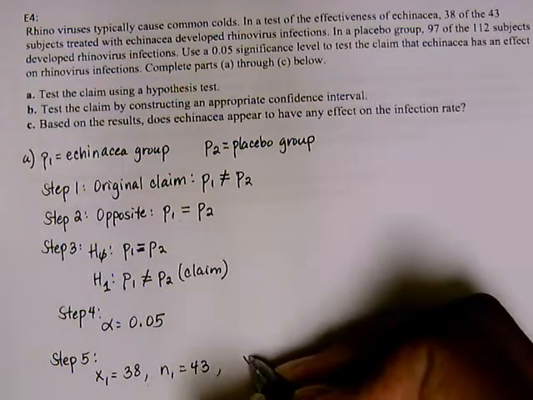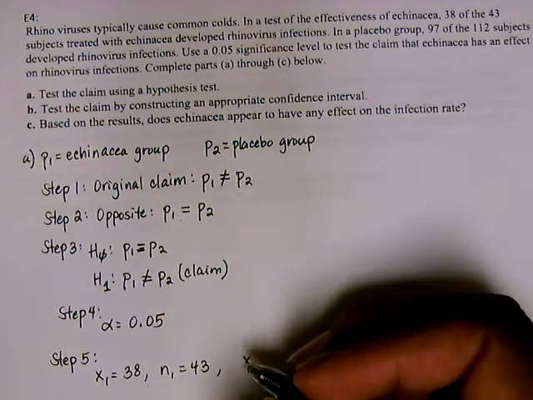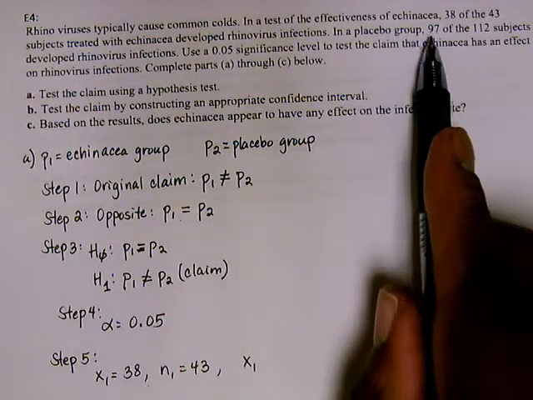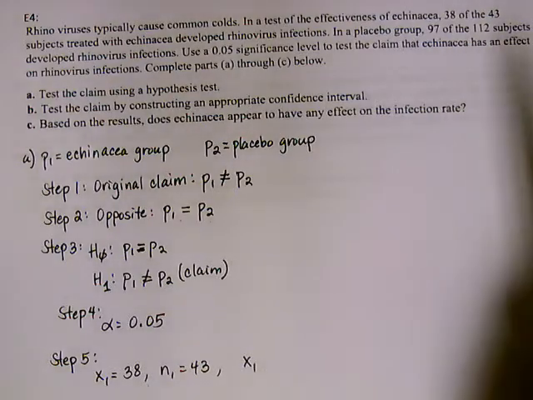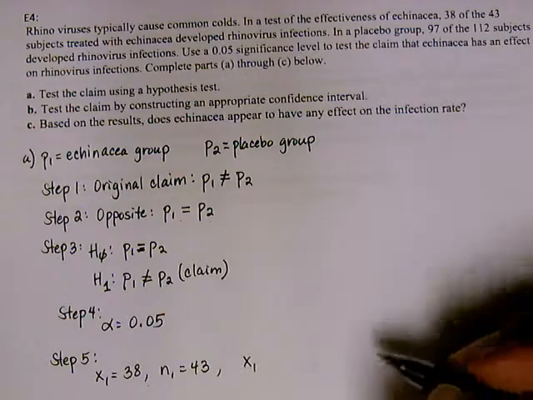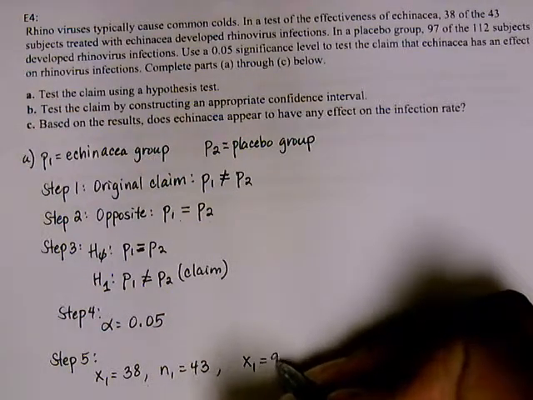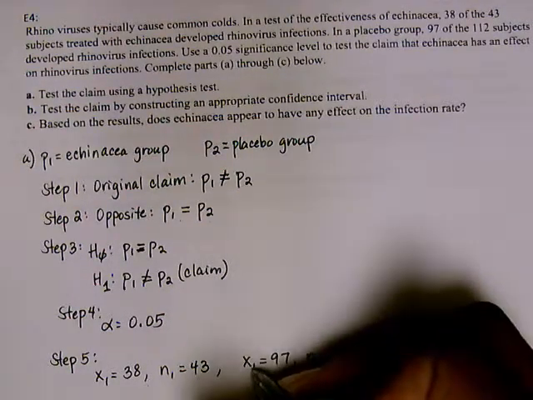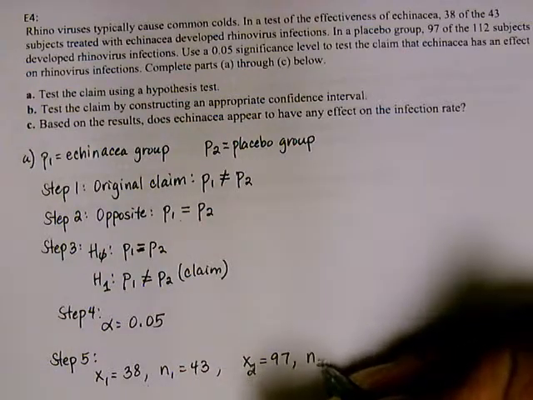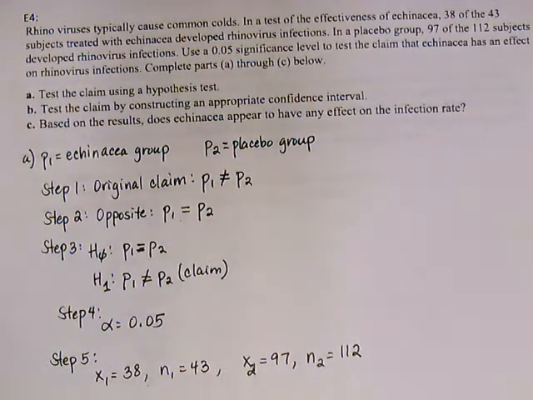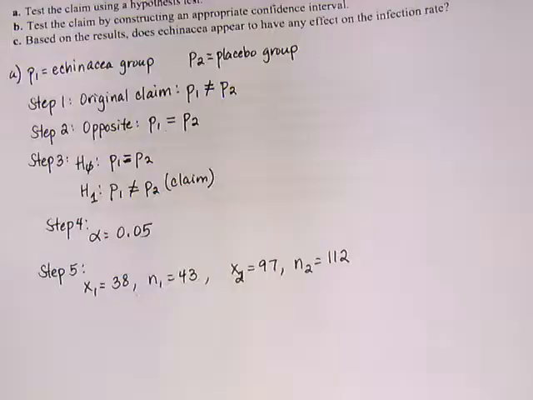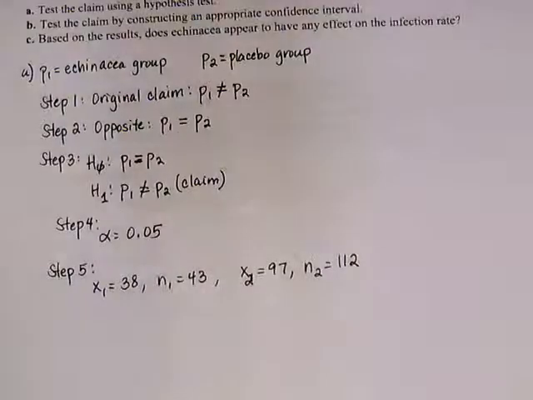And then X2 and N2 represent P2, which is your placebo group. And then they tell you 97 of 112 subjects from the placebo group developed rhinovirus infection. So X2 is 97, N2 is 112. Okay. So X2 and N2 are from the placebo group, and X1 and N1 represent the Echinacea group.